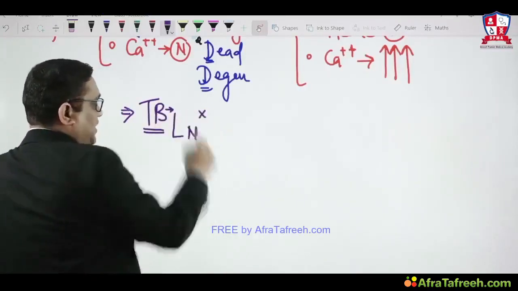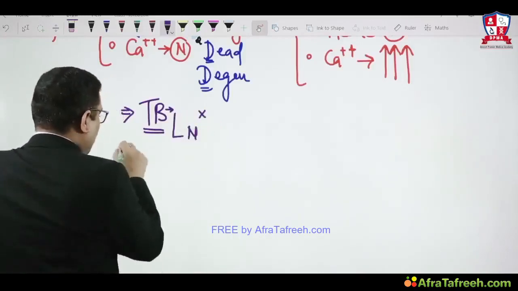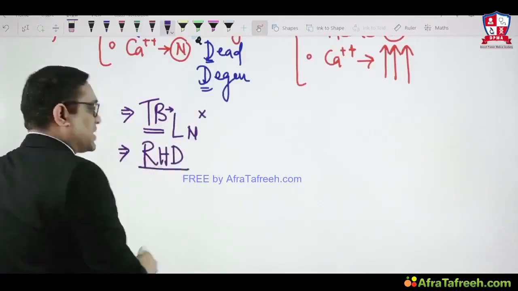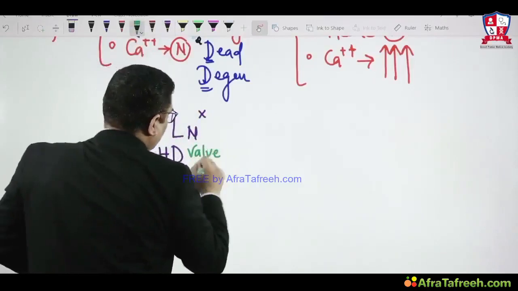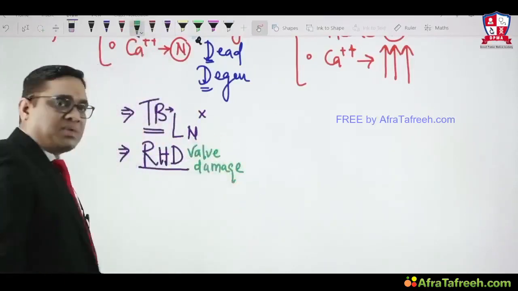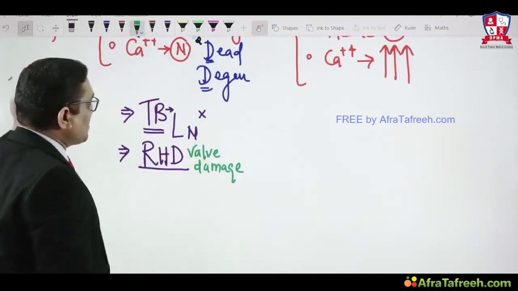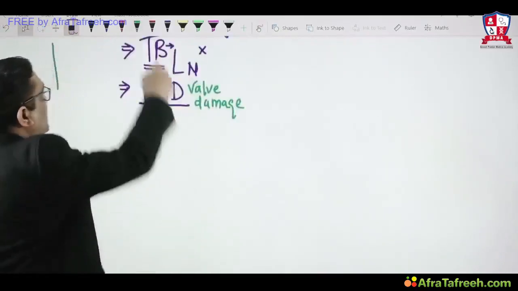After the damage, calcium will be deposited. Similarly, in rheumatic heart disease there is valvular damage, and after that calcium is deposited. That is another example of dystrophic calcification.